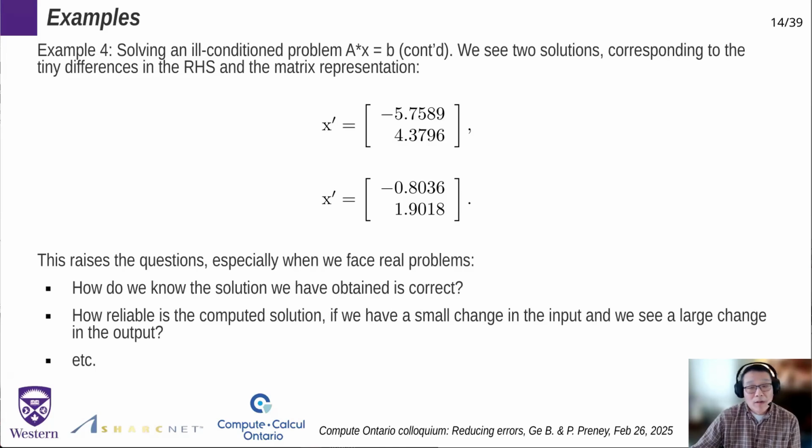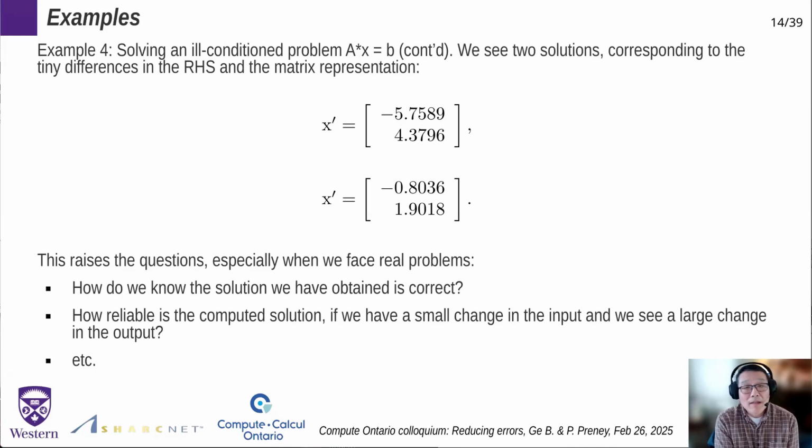You're solving some problem, and we have the right-hand side b and the left-hand side, the matrix A. If we import A and b into a computer, because of the approximation error, which means we made changes to the matrix A and the right-hand side b, we got a solution.